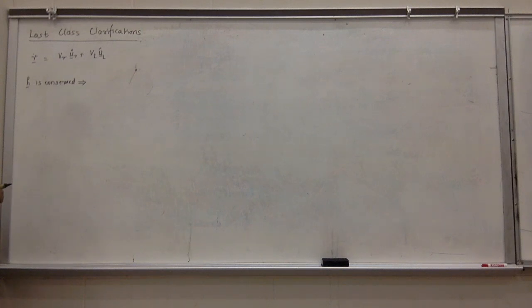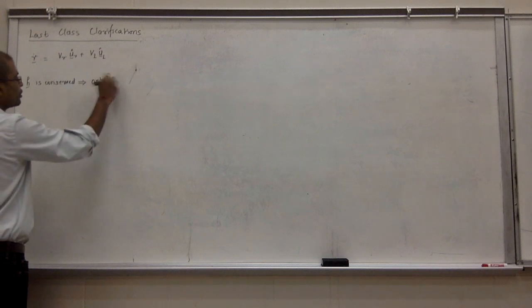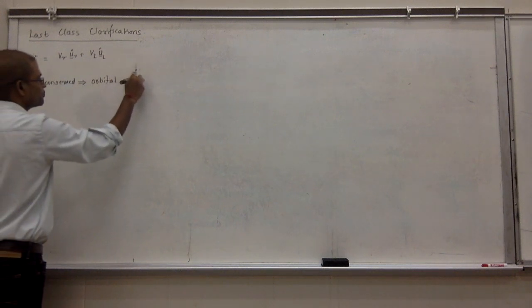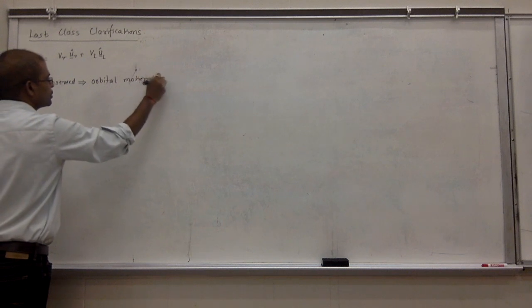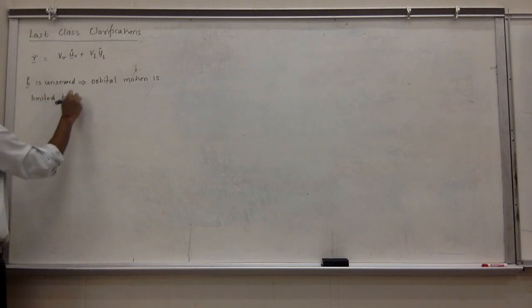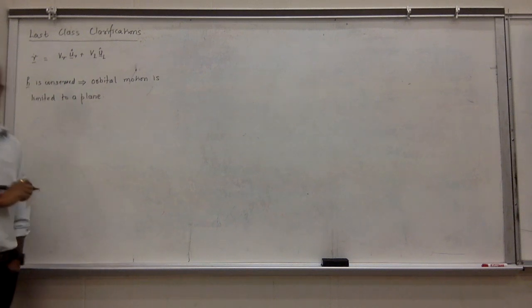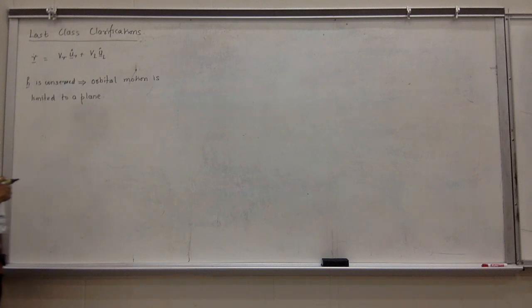In plain English, this means orbital motion is limited to a plane. Okay. That's what this statement means. Conservation of angular momentum means that orbital motion is always limited to a plane.